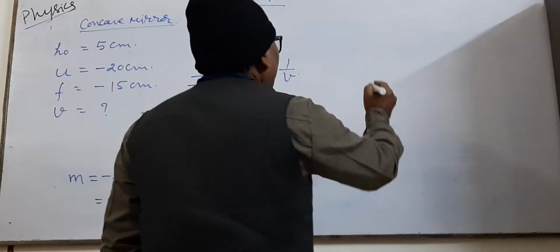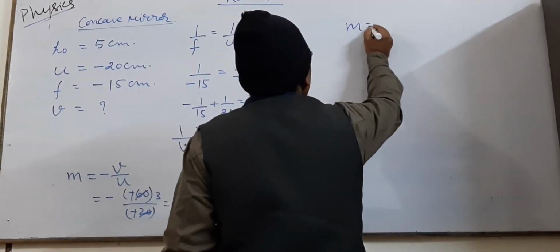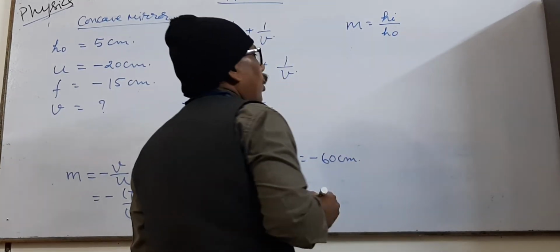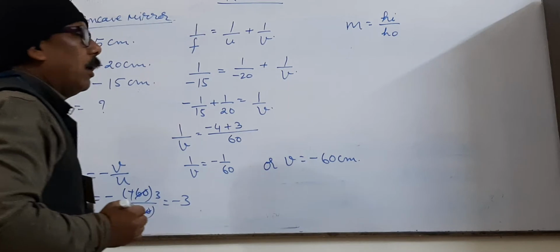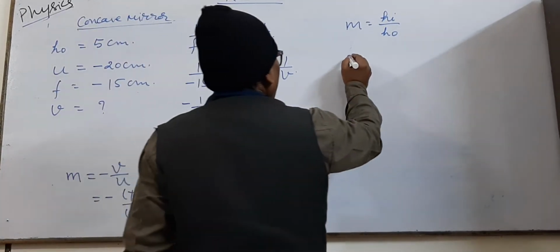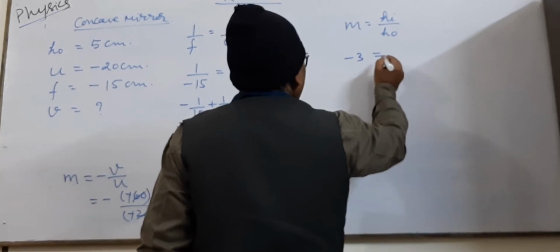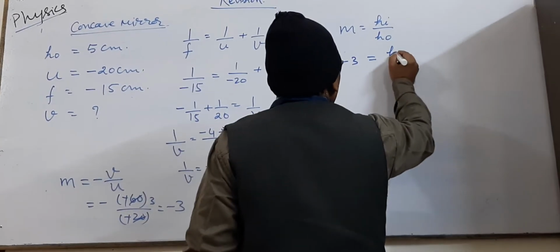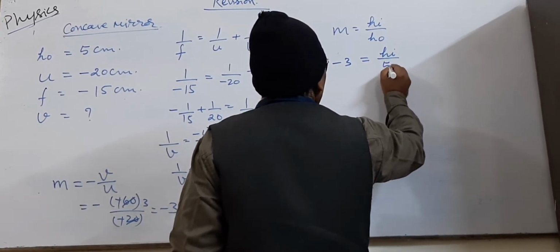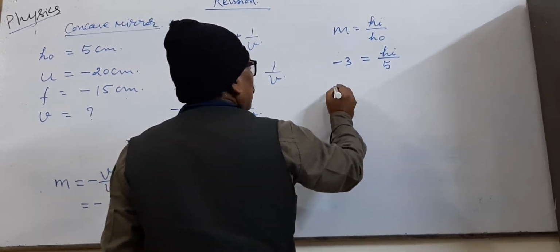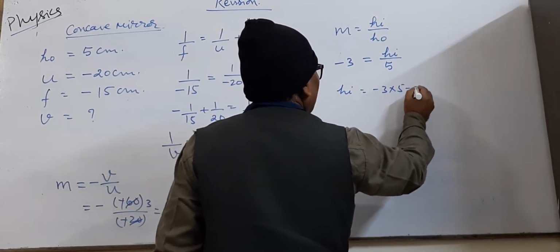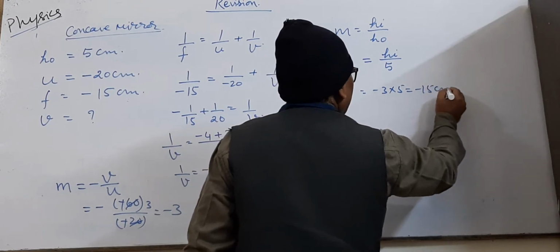Another formula of magnification is Hi by Ho, height of the image upon height of the object. Now you have the magnification minus 3. Ho is given 5. So Hi will be minus 3 into 5, that is equal to minus 15 centimeter.